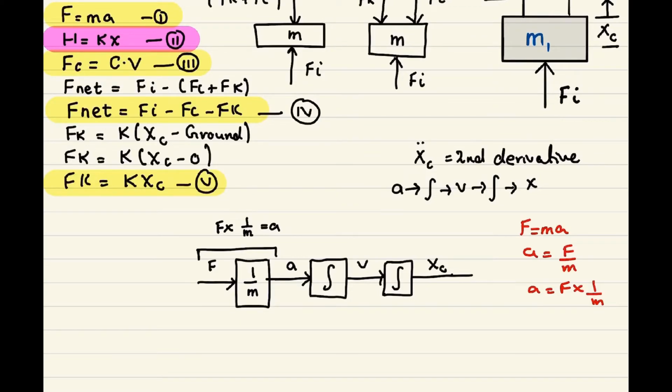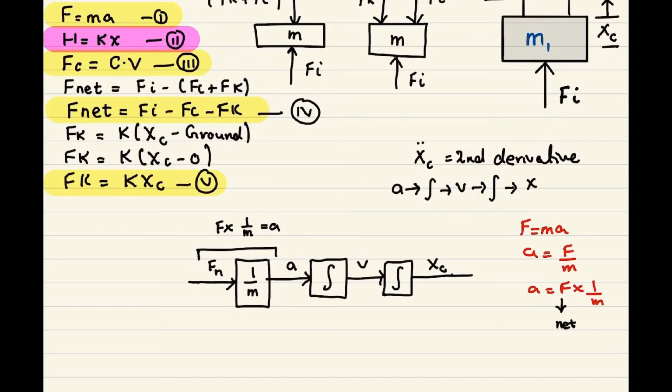And we got this f, so this f here is actually f net, so I'm just going to write n here to represent that this is f net. And we know f net is taken from equation number 4 here. So in f net we have 3 forces: fi, which is positive, and fc and fk, which are negative.